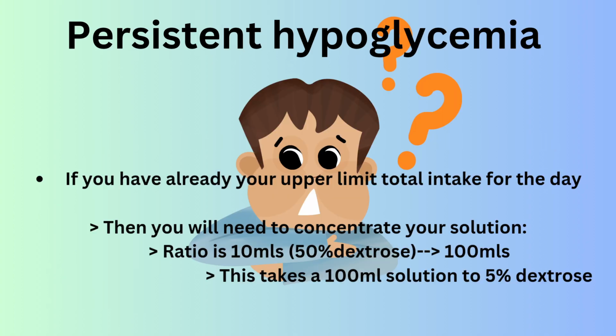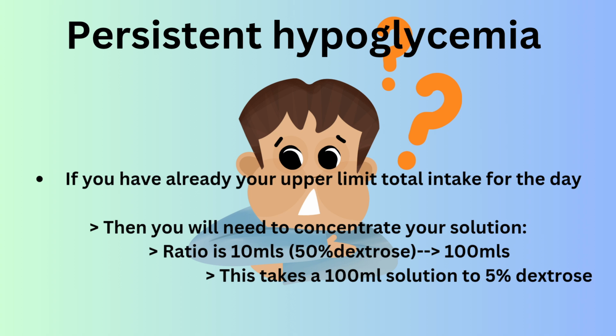The last thing that I would like to emphasize is that if your neonate is still having persistent hypoglycemia on a total intake that is already the day's maximum, so let's say this neonate is already at 90 ml per kg per day on day 1, and as we've said, you were delivering adequate glucose delivery, at least 6.2 milligrams per kg per minute. Now, if you're still experiencing persistent hypoglycemia, you have no room to increase your total intake because you have reached your limit for that day.